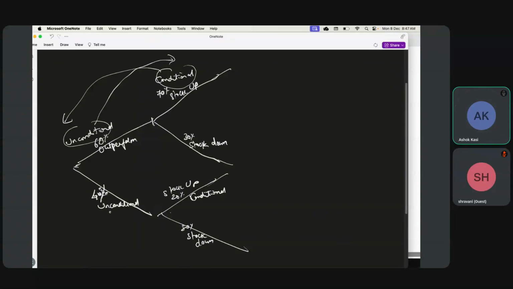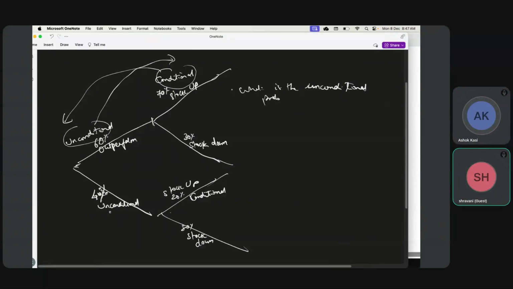So now I want to find out what is the unconditional probability of the stock going up.